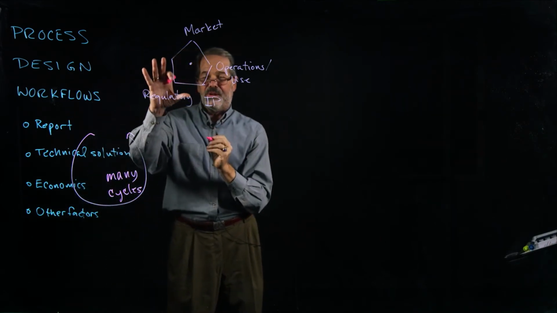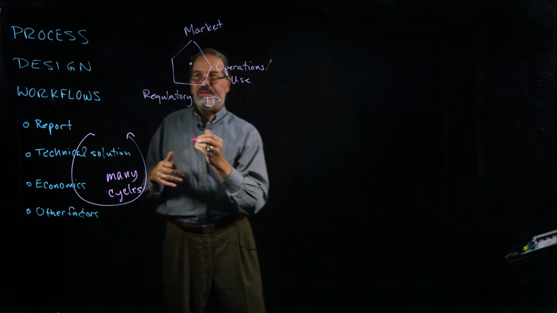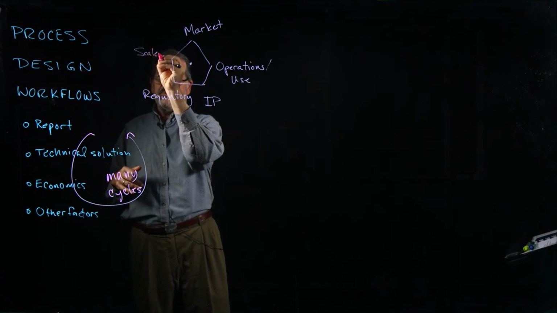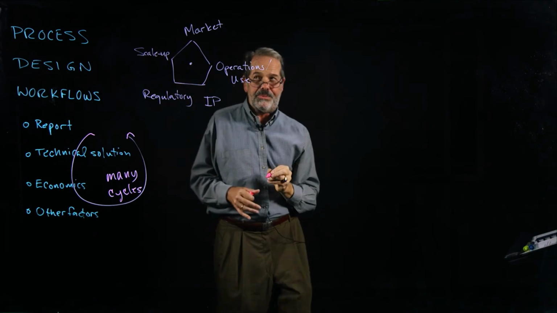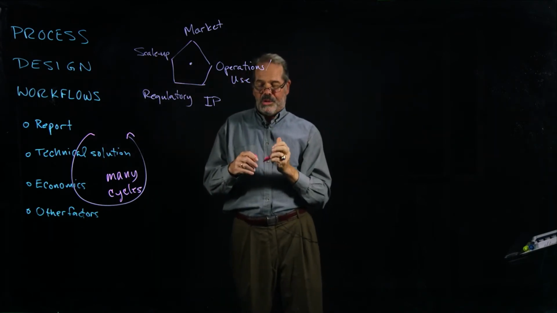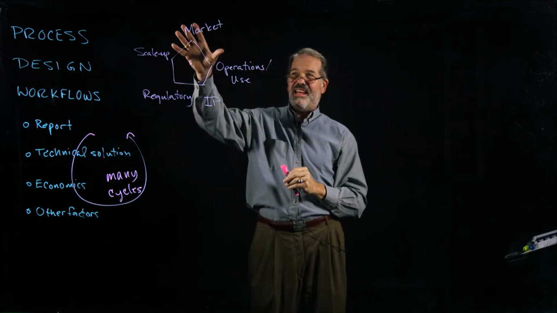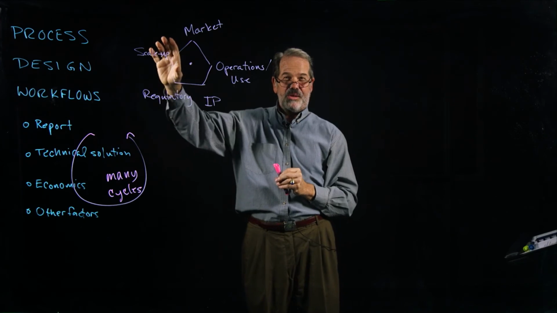And then the fifth one, which is almost always important, but we don't talk about very much, is scale up, or scale down. And so what we will ask for in essentially every one of your reports is an analysis of each of these 5 elements for the process that you're designing right now.